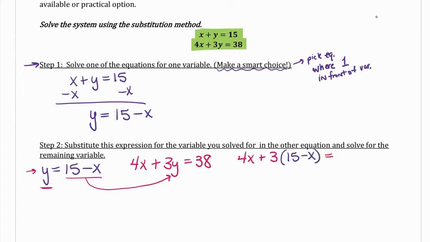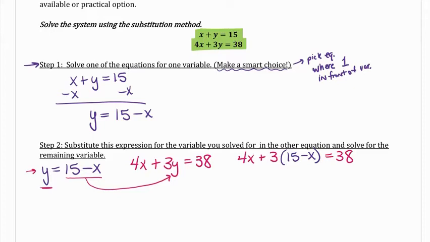And then I still do equals 38, right? So all I did was take the second equation and substitute the 15 minus x in for the y. Okay, then we can solve because now all I have left in this equation are x's.